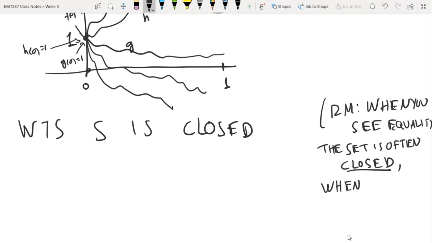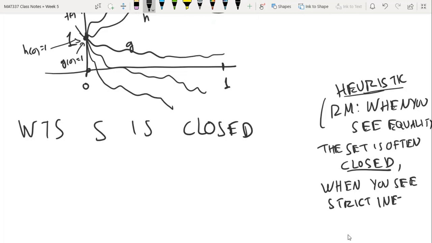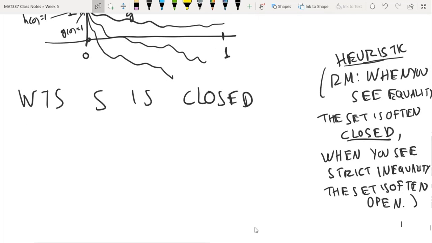So that's as a heuristic if you want to figure out whether it's open or closed. It could be neither, of course. Because I remember this was coming up sometimes from previous courses. Okay, I want to show S is closed.